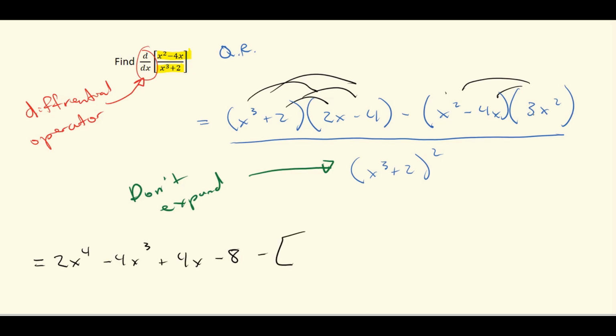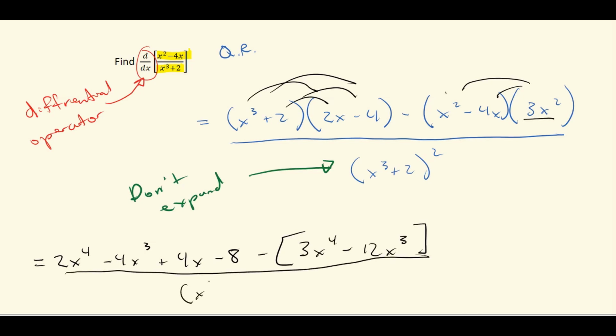So when we distribute this 3 times x squared, we get 3x to the fourth minus 12x cubed, all over x cubed plus 2 squared.